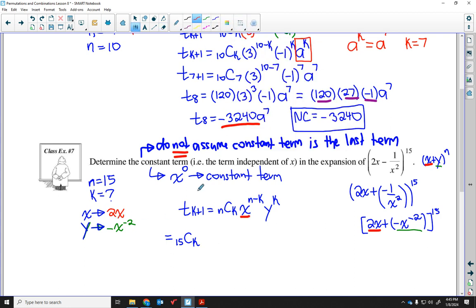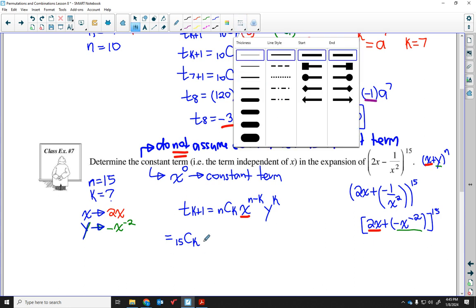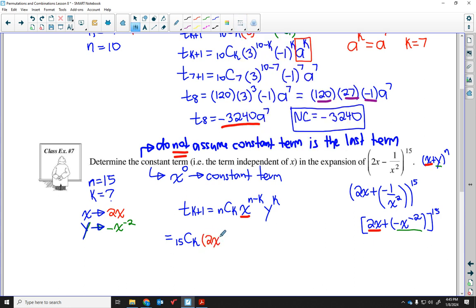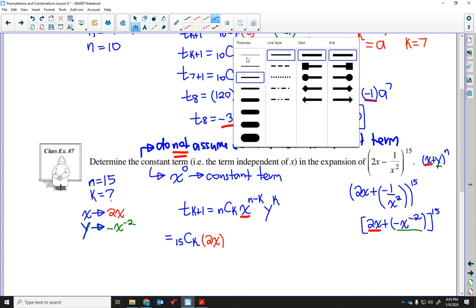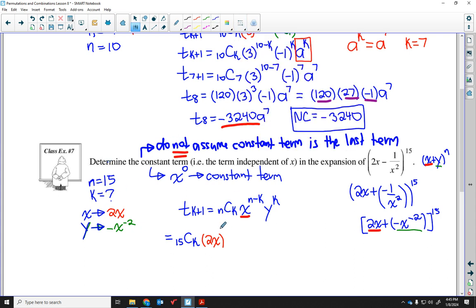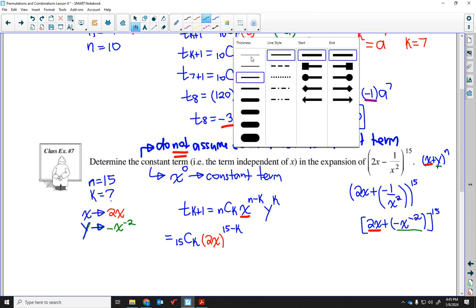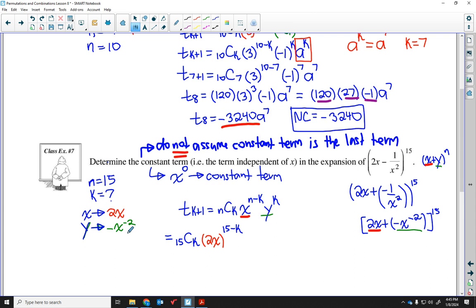So we'll have 2x all to the power of 15 minus k. And then we have, it's not y, it's negative x to the power of negative 2. So we're going to have negative x all to the power of negative 2, and we're going to raise that to the power of k.